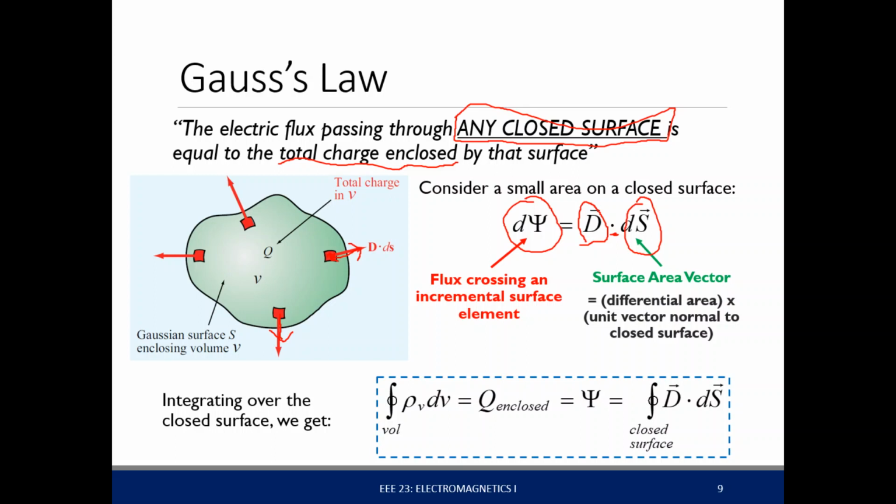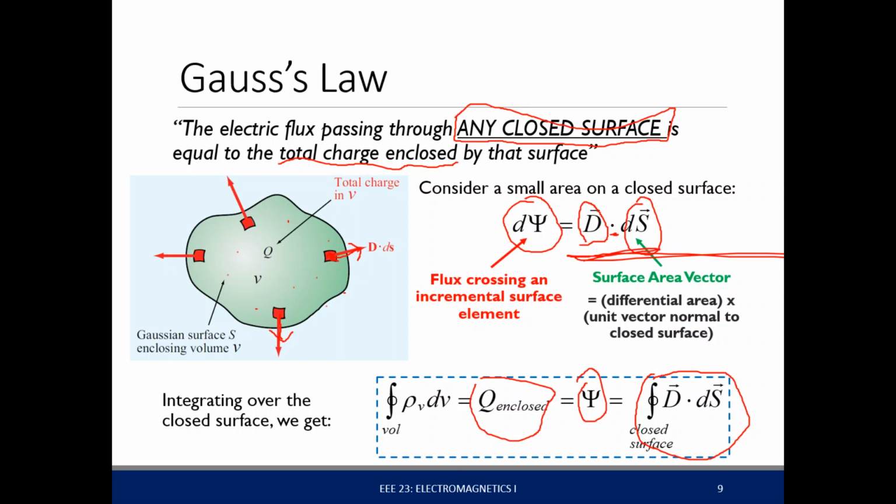That's why this is a dot product. So we integrate that to every point on the surface. And that is equal to your charge enclosed, which is equal to the total flux, which is equal to this closed surface integral of this expression.